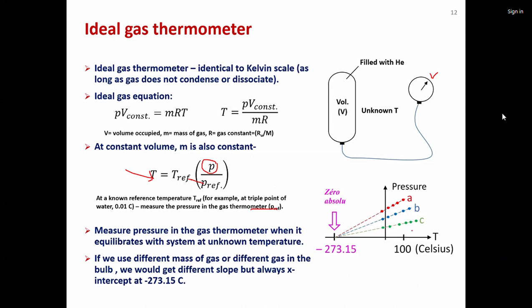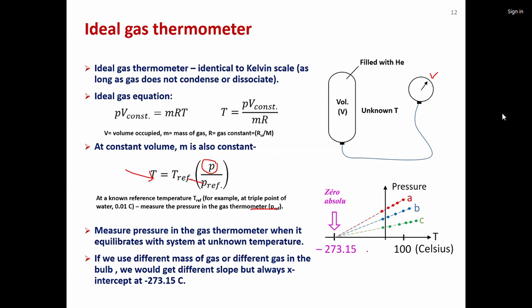If you see where they intersect the T = 0 line, that means even if the temperature is 0 degrees centigrade, they still have some finite pressure, right? Because the molecules do not stop at 0 degrees centigrade. So there has to be some finite pressure.